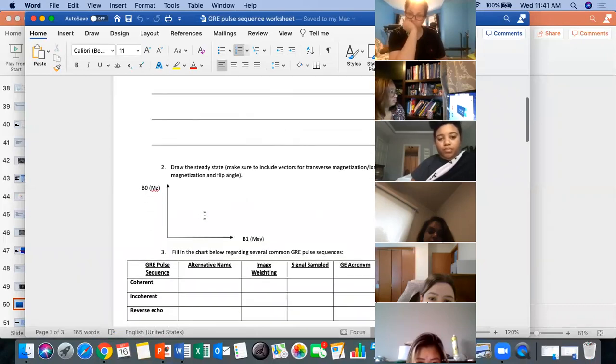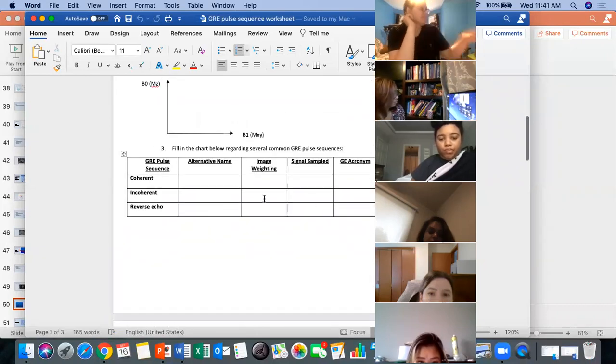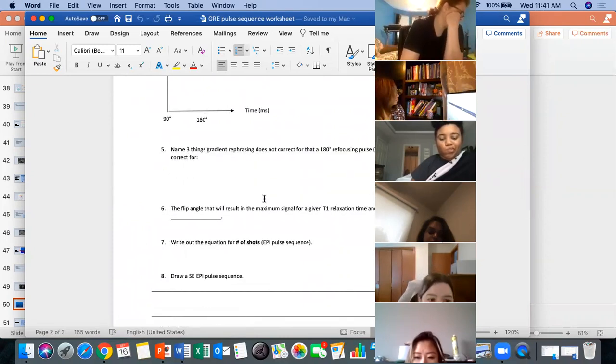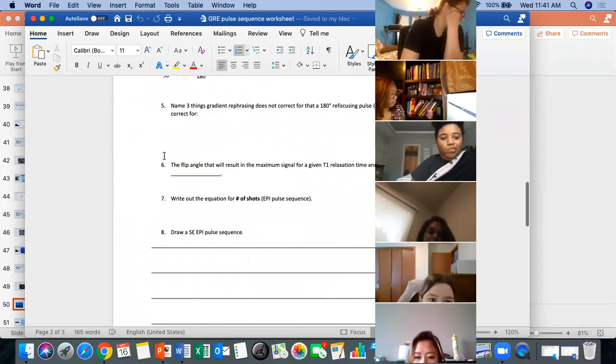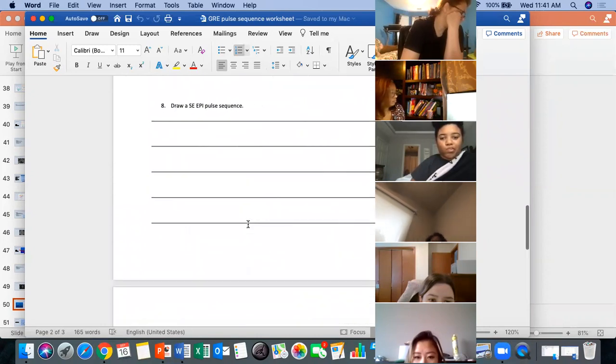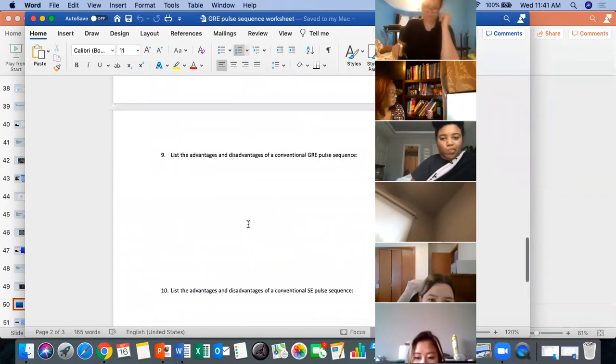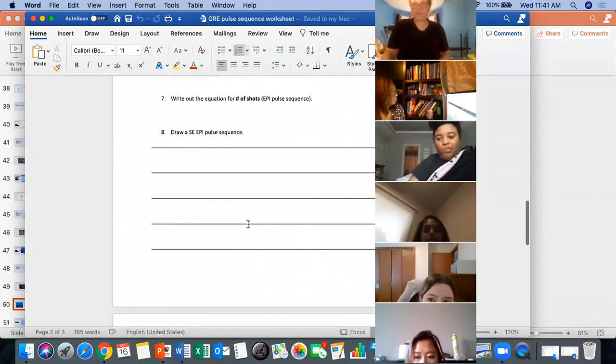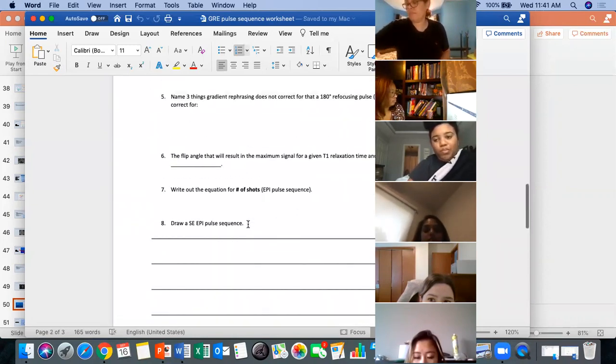Draw that, draw steady state, fill in this chart. And we're going to go over this next week. As we're going to finish the PowerPoint, but we're also going to go over this particular diagram document. And this will help you review for your exam in 2 weeks' time.